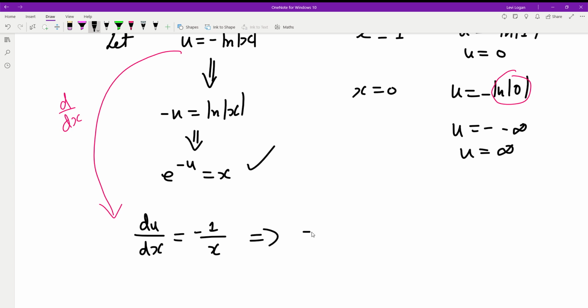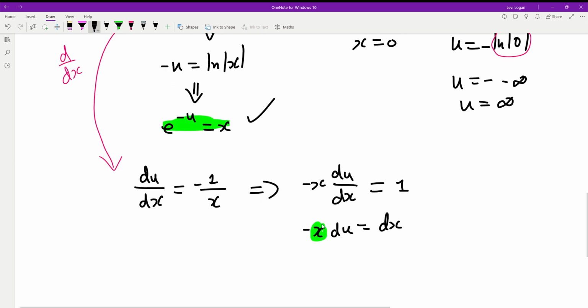So I'll have negative x du dx is equal to 1. Then multiply both sides by dx, so you have negative x du is equal to dx. Okay, so now that we've got that, there's one last thing we're going to do. We don't want x's, we're just going to replace this with this here. So I can rewrite that as negative e to the negative u du is equal to dx.